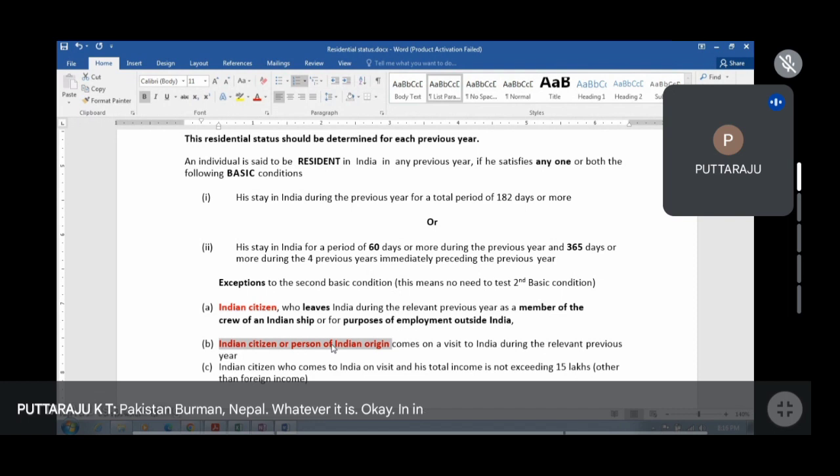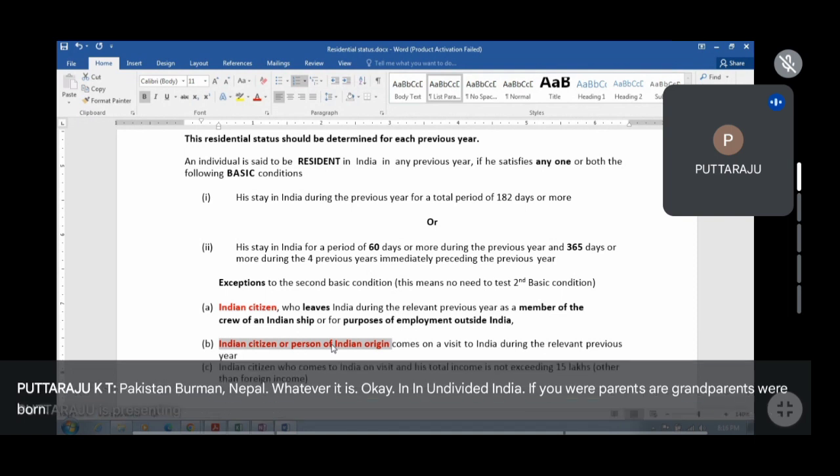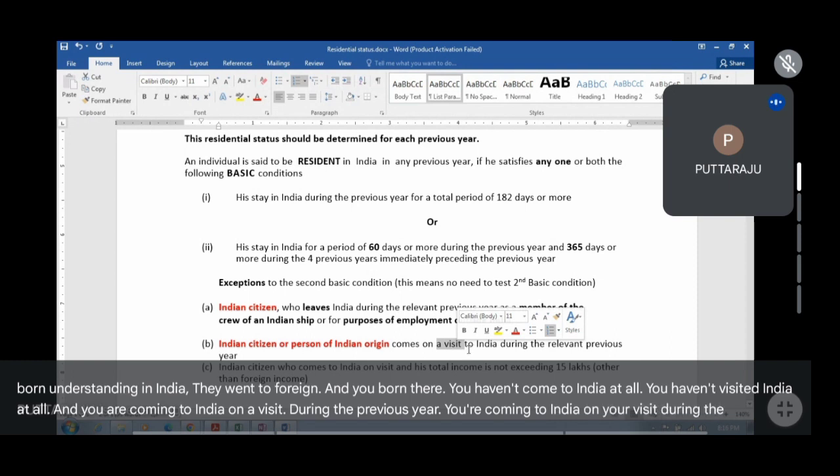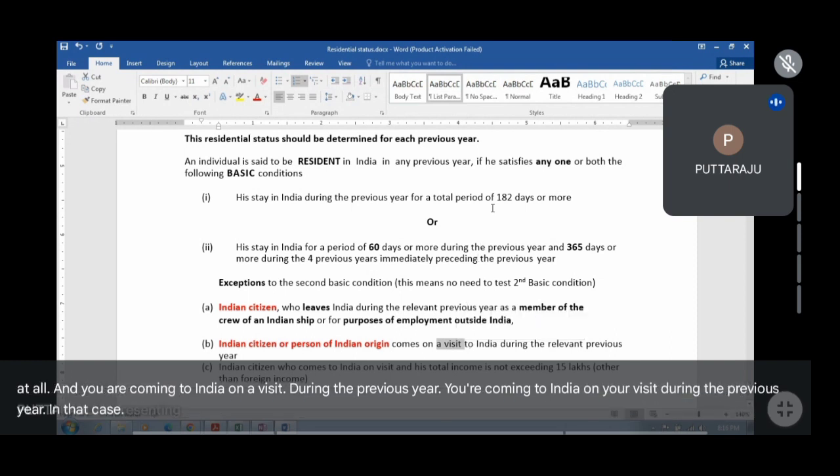In undivided India, if your parents or grandparents were born and staying in India, they went to a foreign country and you were born there, you haven't come to India at all, you haven't visited India at all, and you are coming to India on a visit during the previous year. In that case, your period of stay should be 182 days or more.